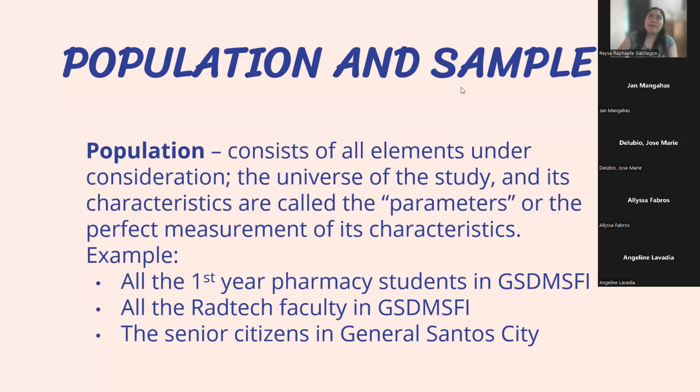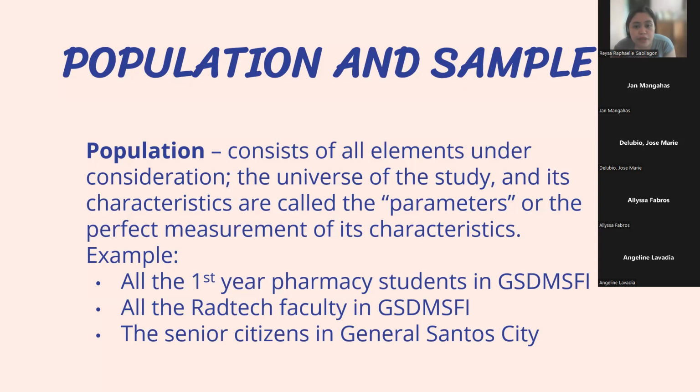When we say population, this is what you will really study in your research. They will be the subject of your study, and all the characteristics you are looking for need to be in your population. They will be like the parameters or the measurements you need, which you will really measure from them. So it's like the universe of your study.